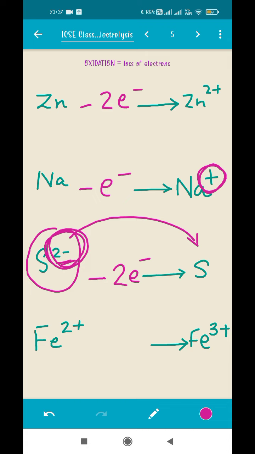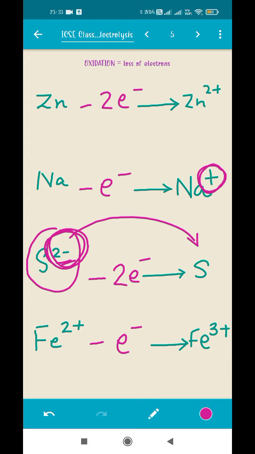The last one, Fe2+ gives Fe3+. Initially Fe was short of 2 electrons. Now Fe is short of 3 electrons. How can it be done? If from Fe2+ we remove another electron, there will be an excess of protons in it.